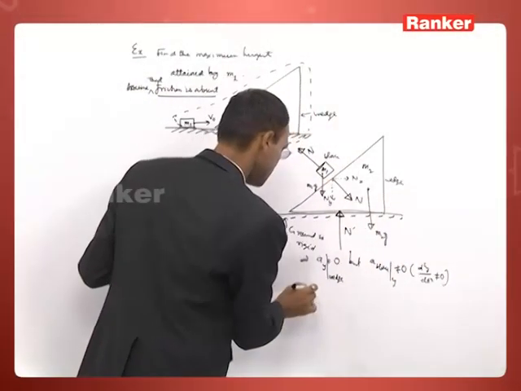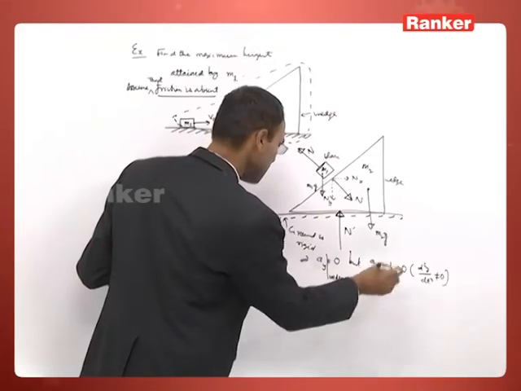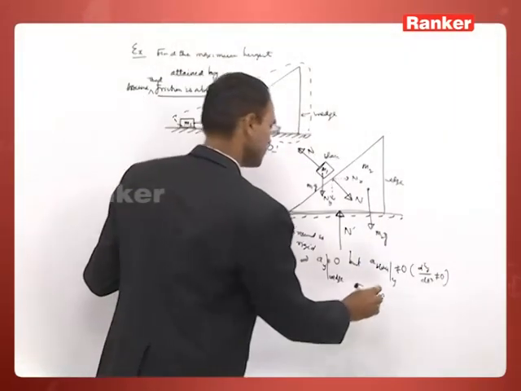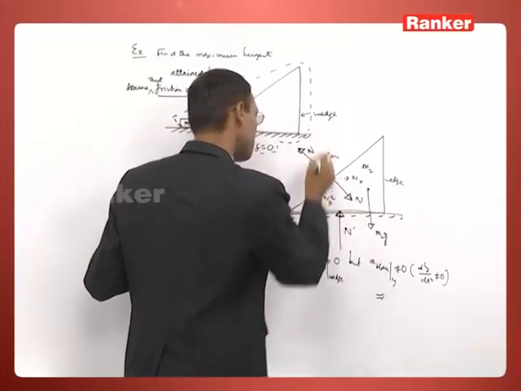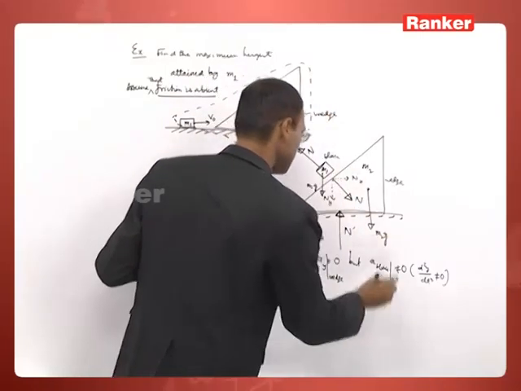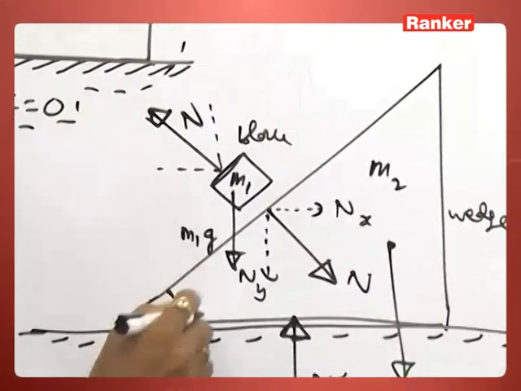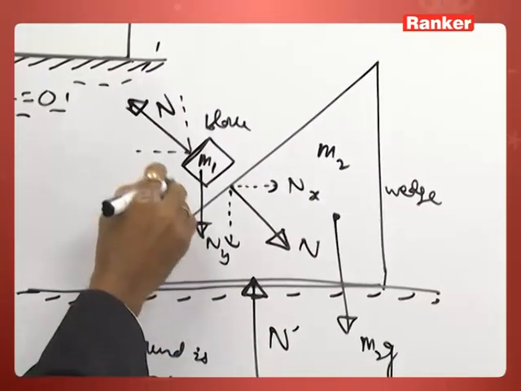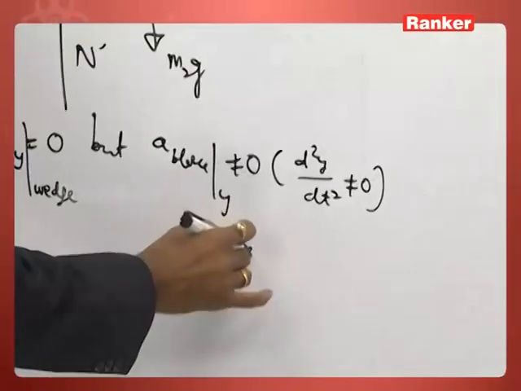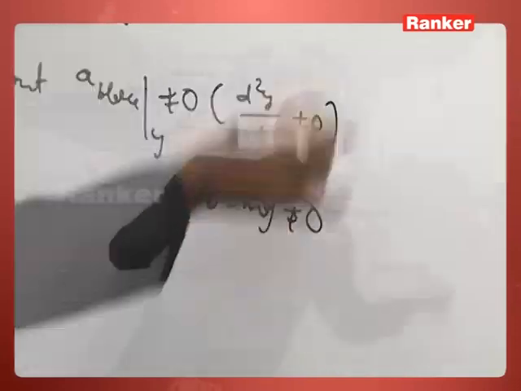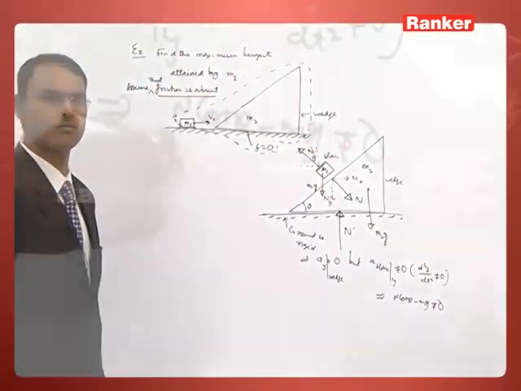If this is understood using the basics, we can write that the net force acting on the block in vertical direction, that is N cos theta minus mg, is not equal to 0.